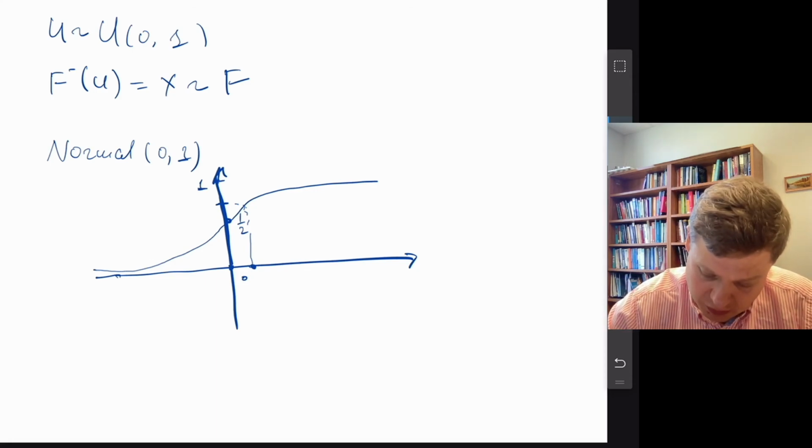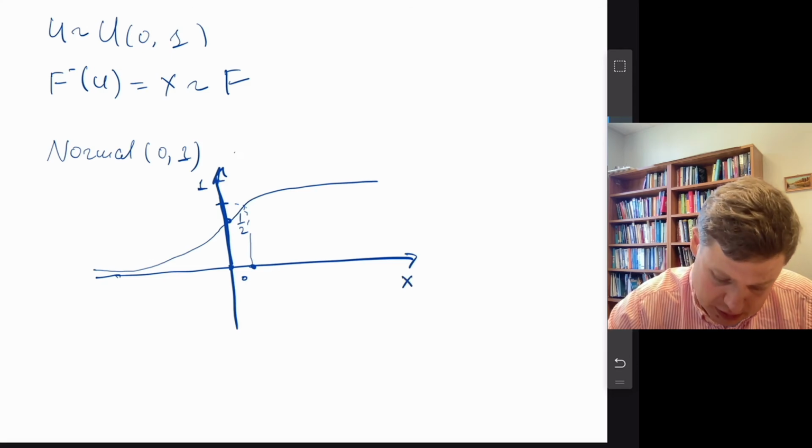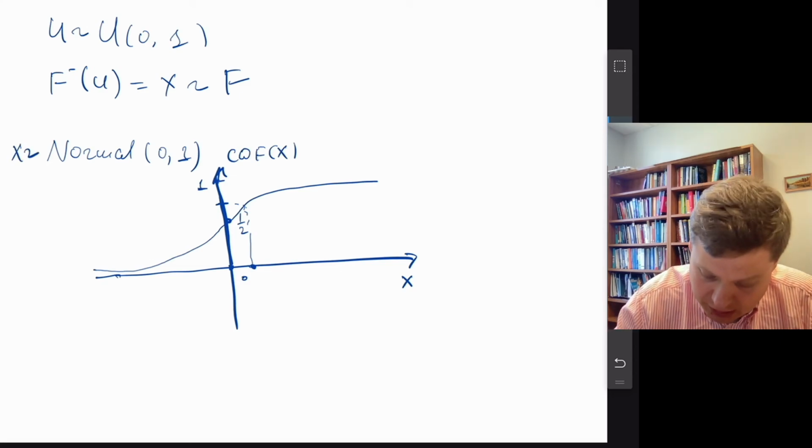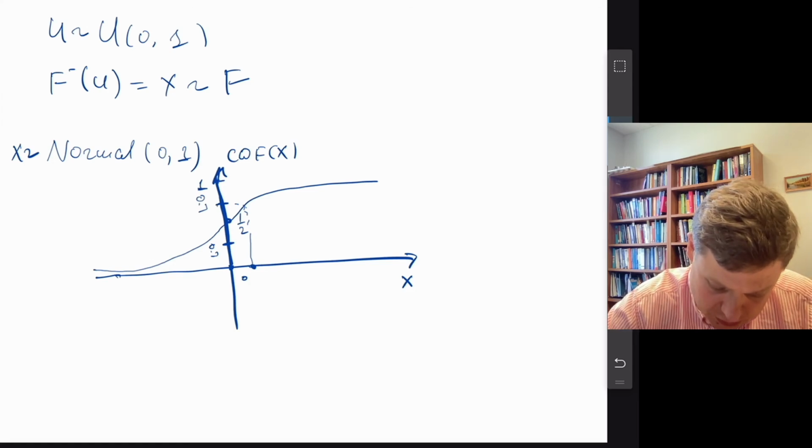So what we have here is this X, and this is the CDF of X, where X is normal 0, 1. And as you can see here, most of the time, let's say I take this interval from 0.3 to 0.7, the values from this interval will fall into this interval here.